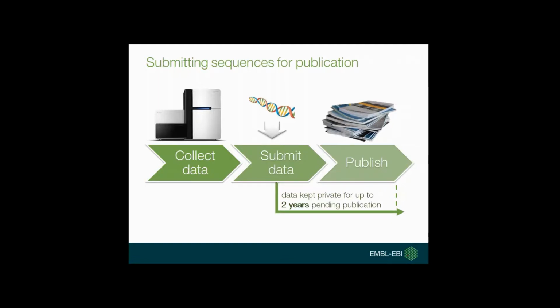So you collect your data, maybe you've done a fancy sequencing project and got together lots of short reads, and you can submit your data to us. That data is actually kept private for up to 2 years. So you can submit your data straight away. We add value to it, so that will be useful for you in your analysis, but we keep it private before you publish. So you've got a two-year grace period to get your act together and write up that paper.